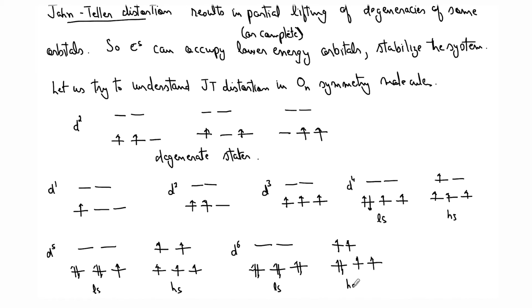So you have high spin, right? Now for D7, it will have 5 plus 2, 7, and then there is another possibility for D7 which will be low spin. I drew high spin first here. This is low spin.